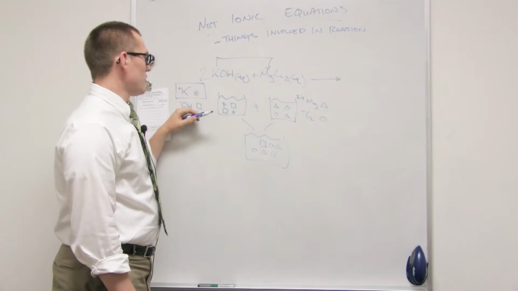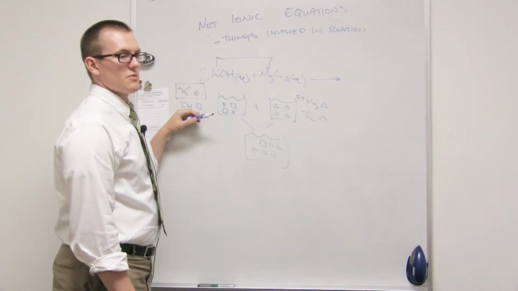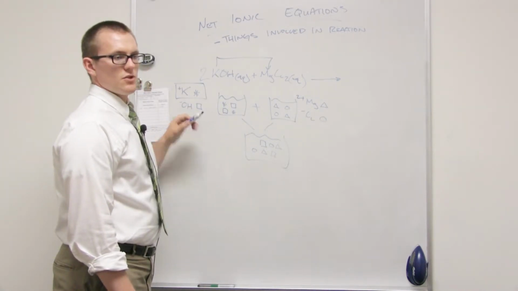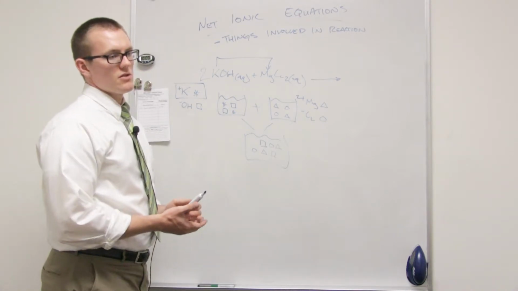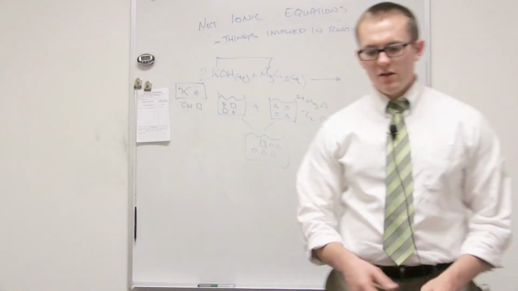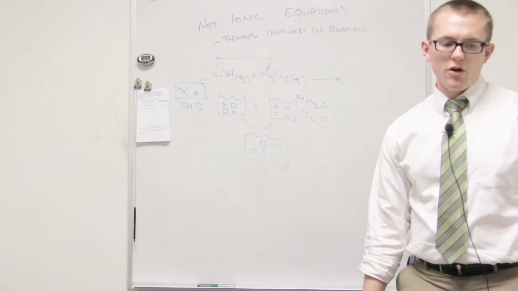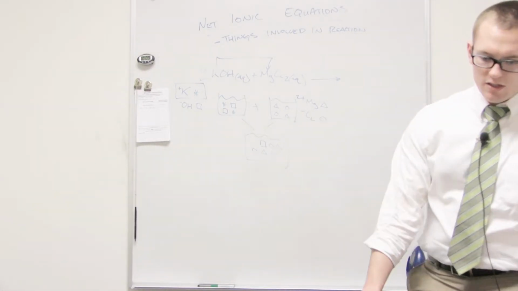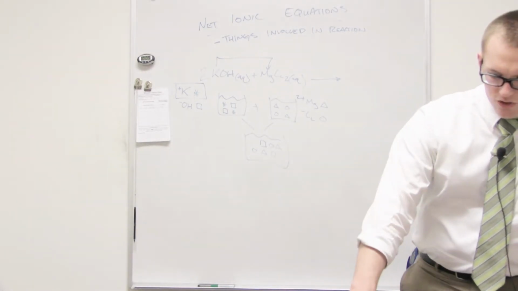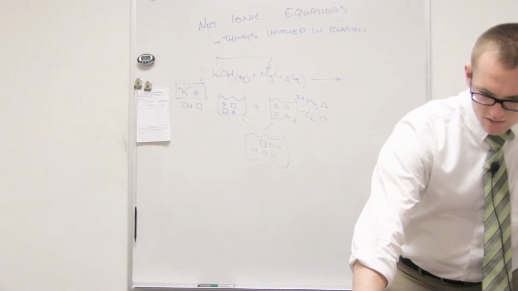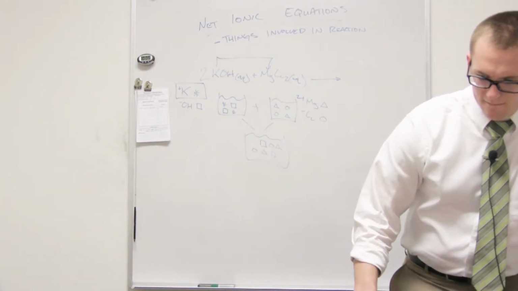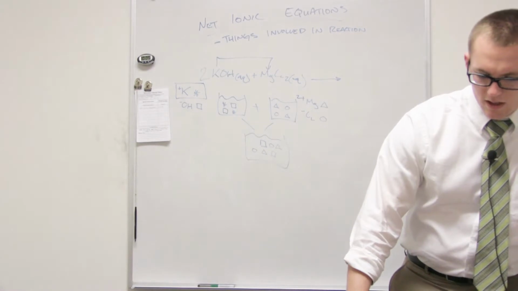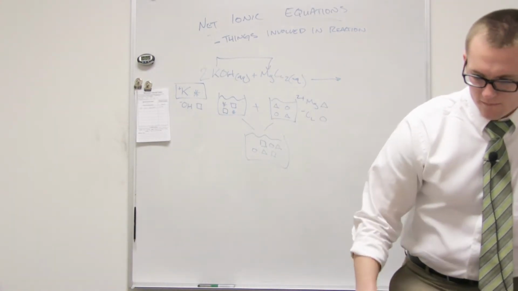So OH is only soluble if it's part of a strong base. So you'd want to memorize your strong bases. That's basically anything on the first two columns of the periodic table with OH is going to be a strong base. So anything with OH. Yeah, any of these guys on the periodic table, right?